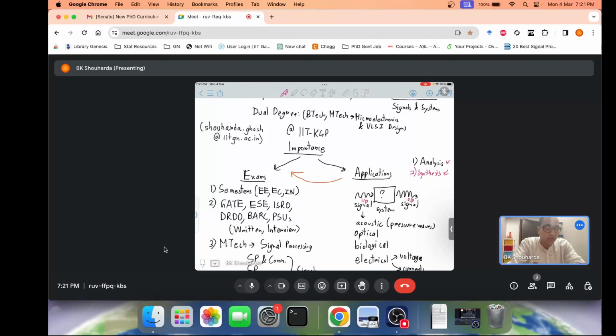Except the pure semiconductor stuff, device and material physics, apart from that, if you go into analog circuits, you will require signals and systems. If you go into digital circuits, you will require signals and systems. If you go into communication systems, you will require signals and systems. If I count each and everything, everything requires signals and systems. It is fundamental.